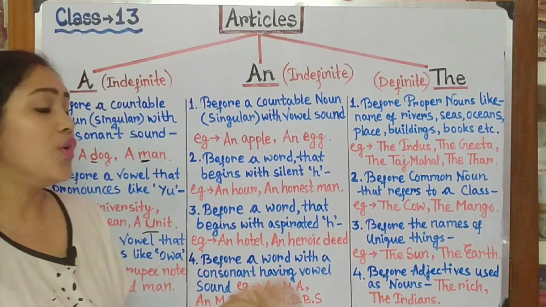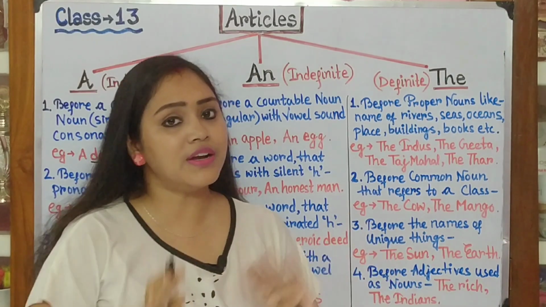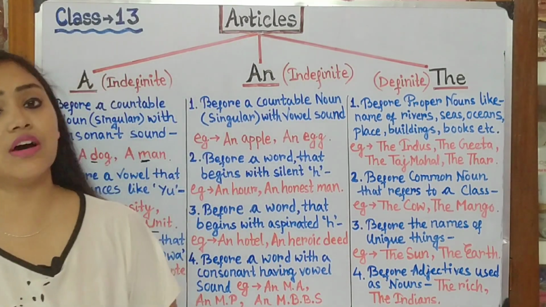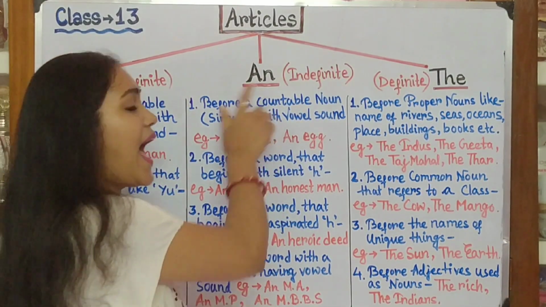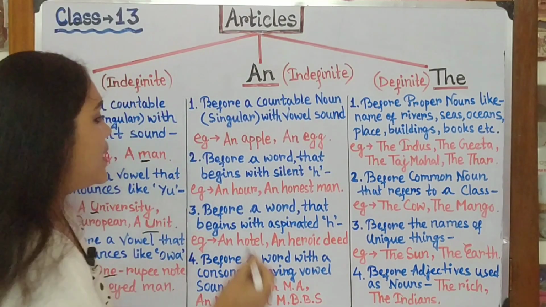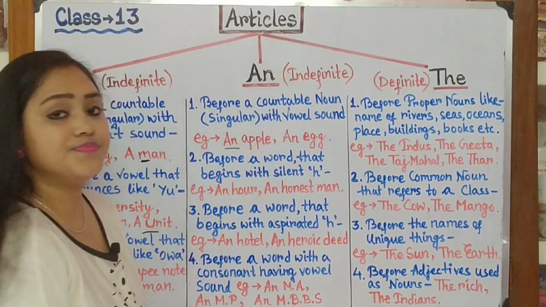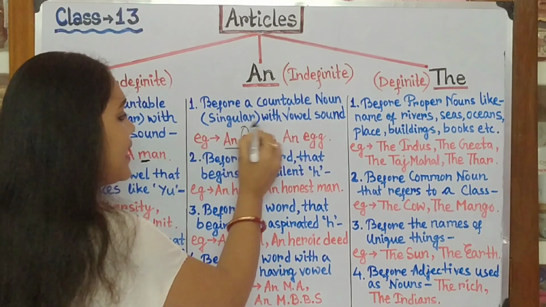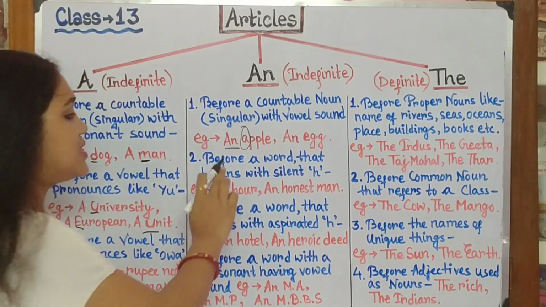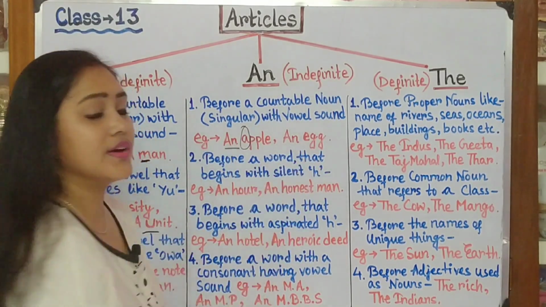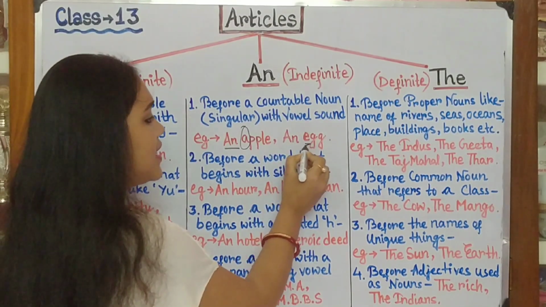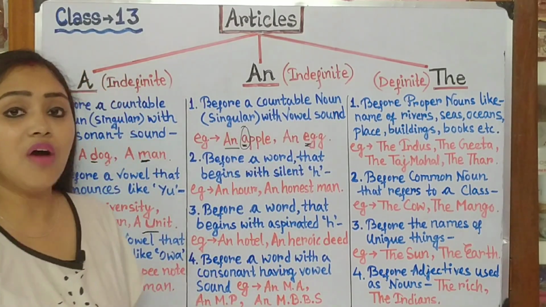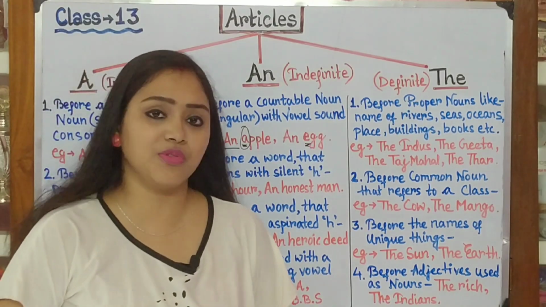So for a countable singular noun whose first letter is a vowel, we use an before it. For example, an apple. Here a is a vowel, so we use an apple. An egg. In both cases e and a are vowels, so we use an before it.